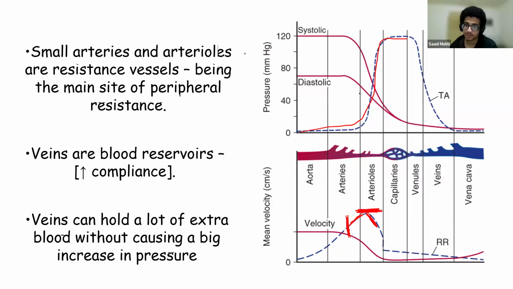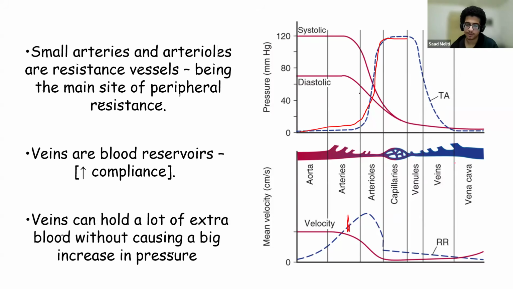Resistance is almost the same. In the last graph that I showed you guys, it put the peak at only the arterioles. Over here, it starts to increase in the arteries, which is a bit more accurate to say. A lot of the resistance is in the arterioles, but some of the small arteries also play a role in resistance.